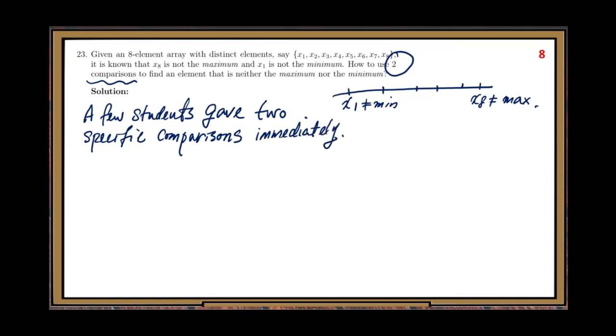This way is not good, because you may miss something. Although there are many different ways we can find a solution, with the first 2 comparisons given immediately, you may not be able to cover all the cases. Our goal is to cover all the possibilities.